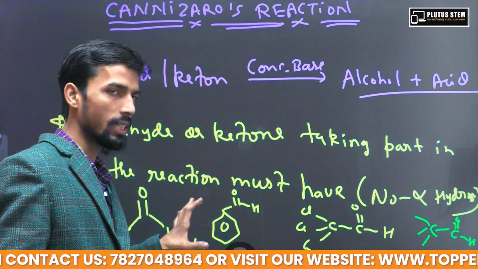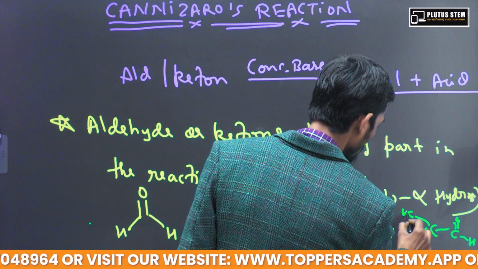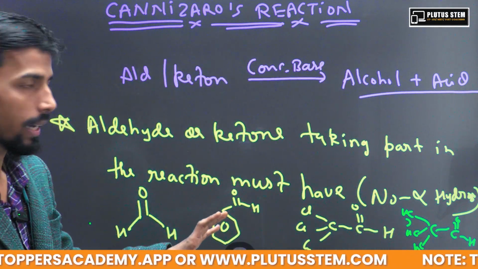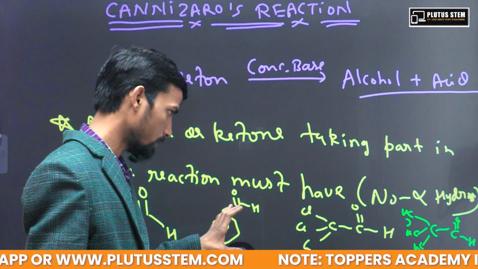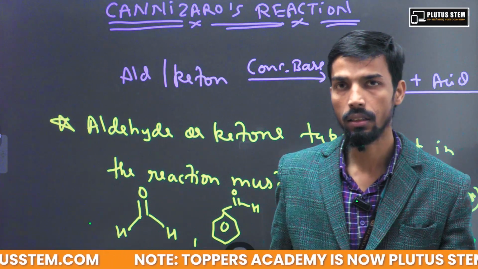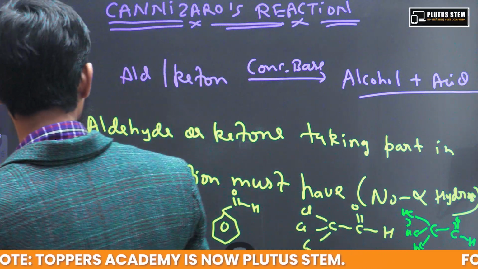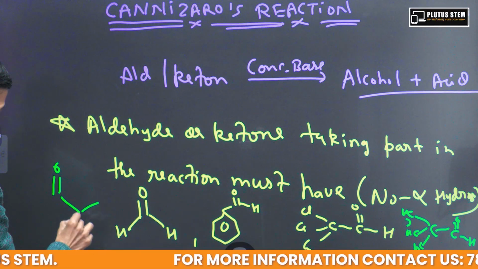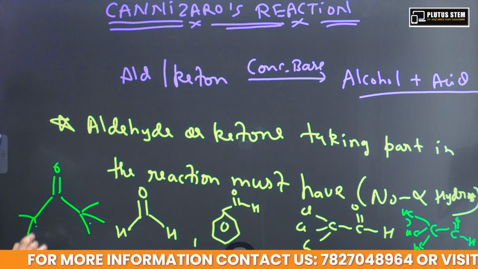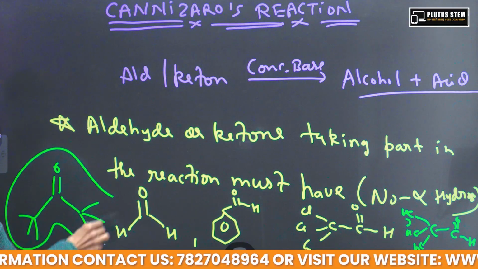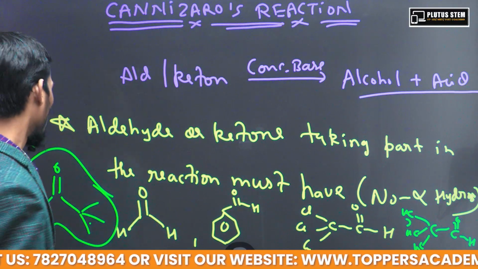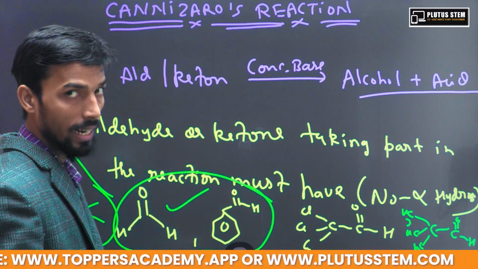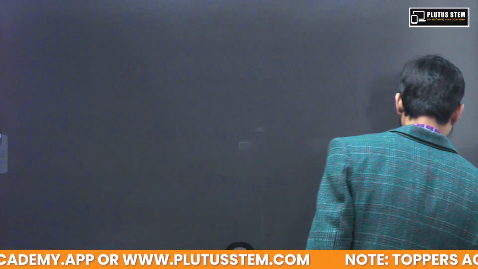Any group which doesn't have any alpha hydrogen can act as a Cannizzaro reaction starting material. Generally, most of the reactions proceed with formaldehyde and benzaldehyde.